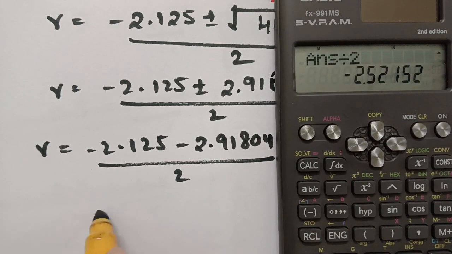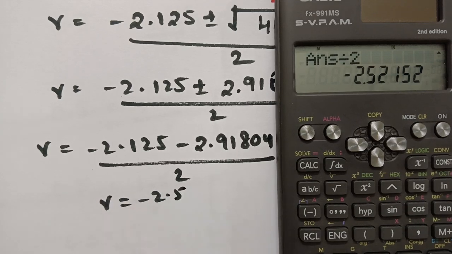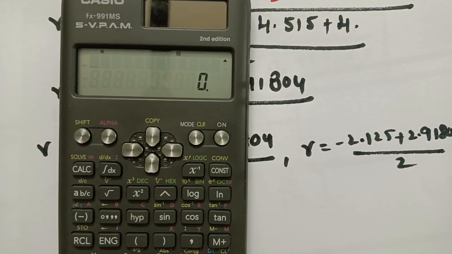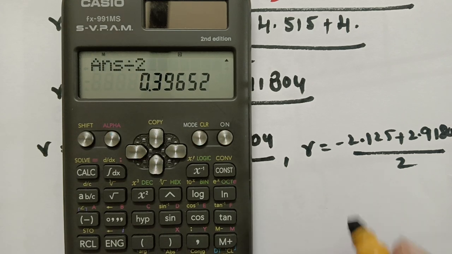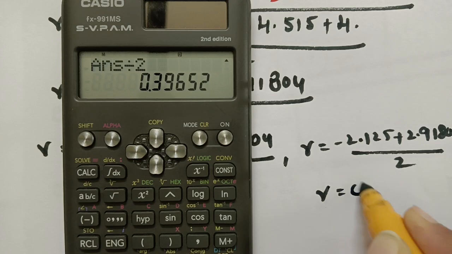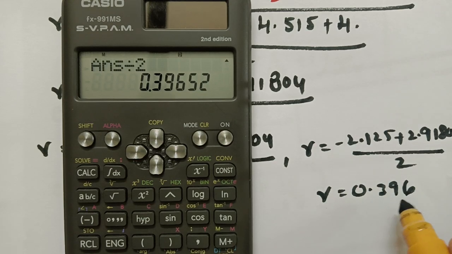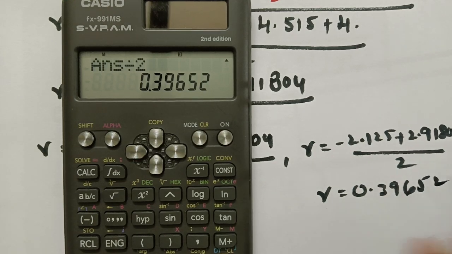The value here is minus 2.5. And if you observe the other one, minus 2.125 plus 2.91804 divided by 2, the value here is 0.396652.